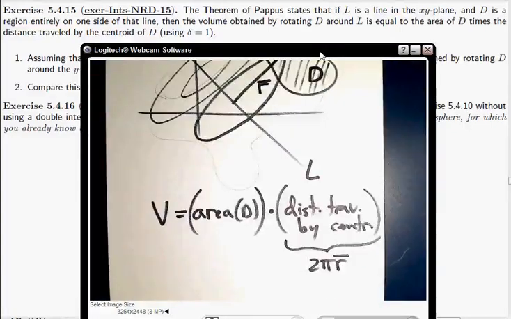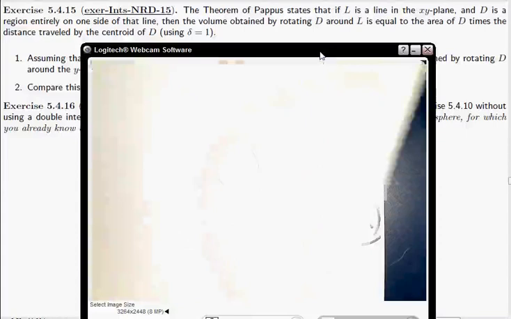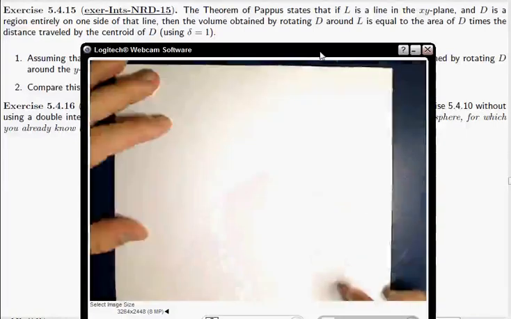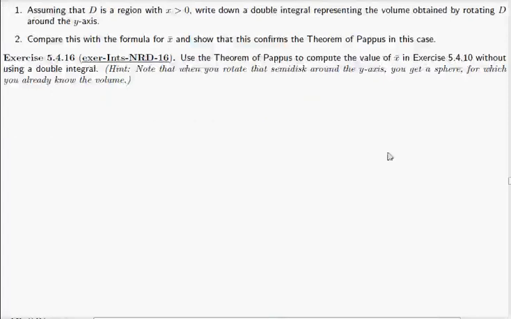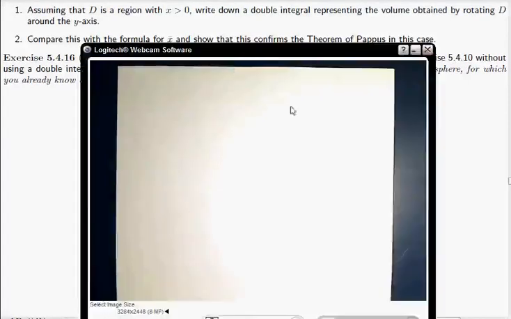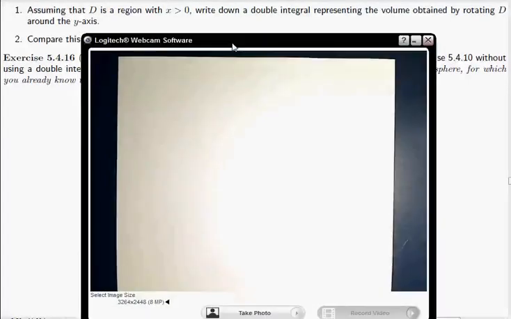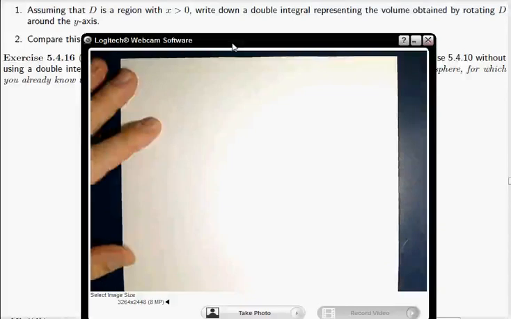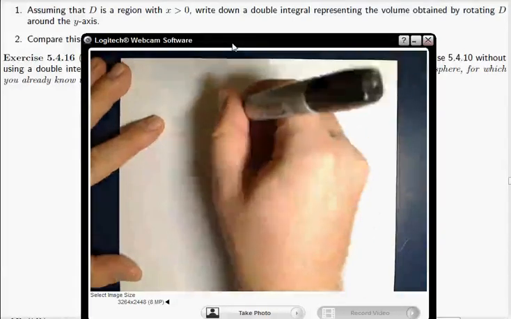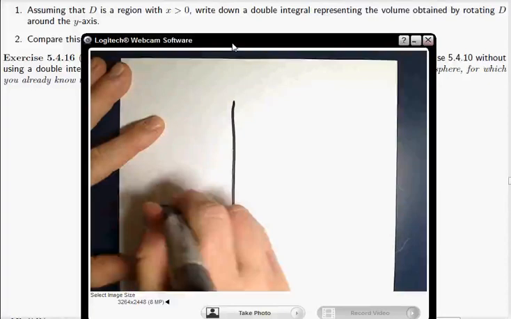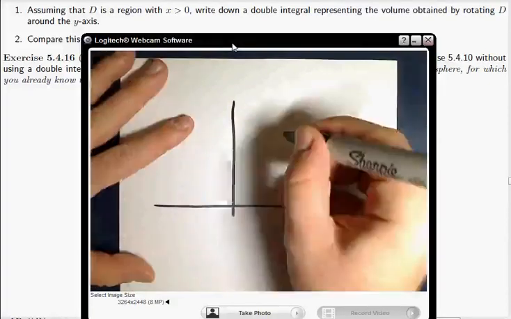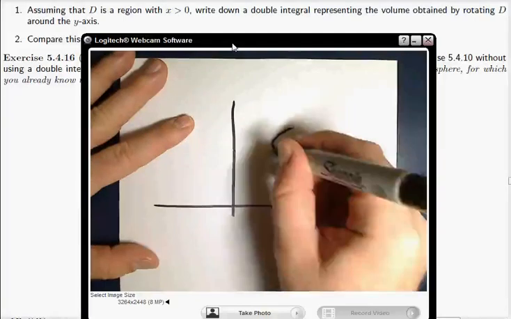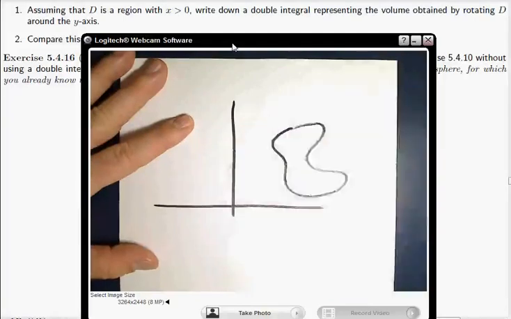Now we're going to check that in this one case where we're using the y-axis as our line. So D is some region sitting over here where x is greater than 0. Here's some weird region.